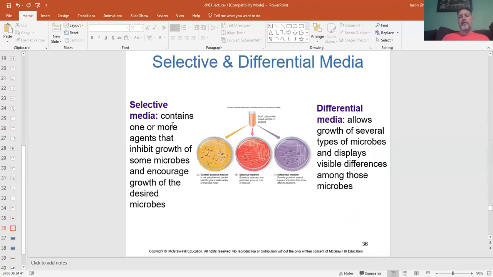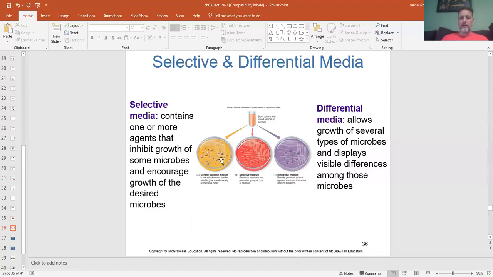Selective media is going to contain something that inhibits the growth of an organism. A differential medium is going to allow organisms to grow, but it will give you a visible difference. They're showing you here how you have the purple and the green, so it'll show you a difference between the organisms. And right here, this is a general purpose medium.